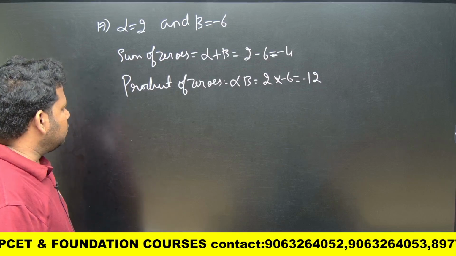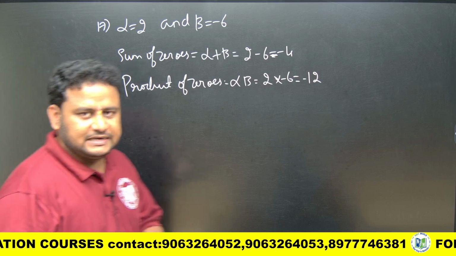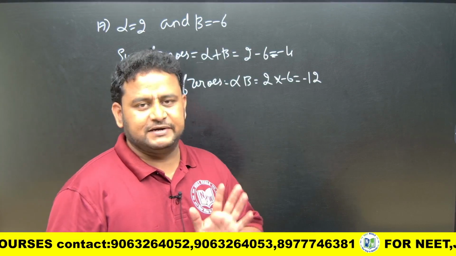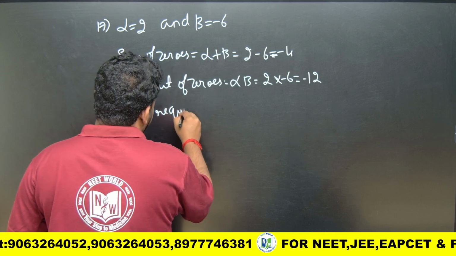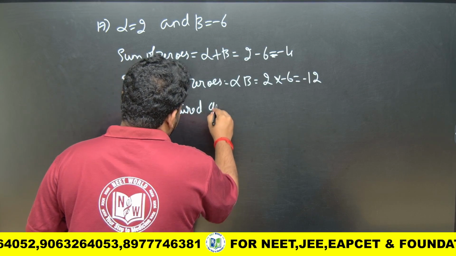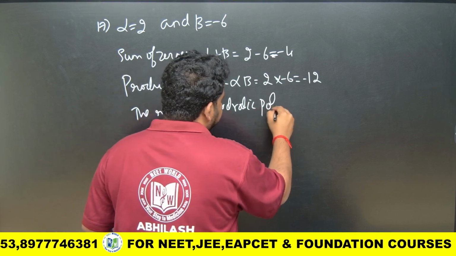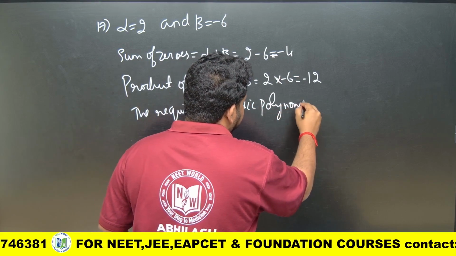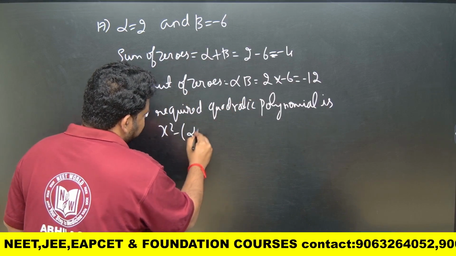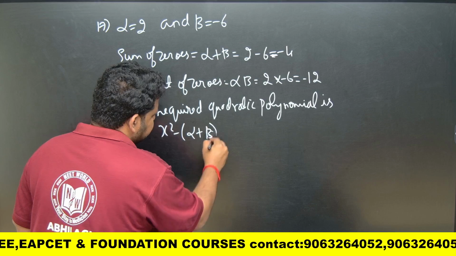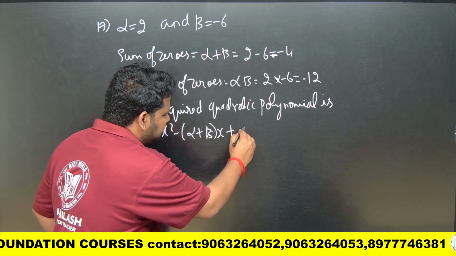Now the required quadratic polynomial is of which form? It is of the form x square minus alpha plus beta x plus alpha beta, correct?